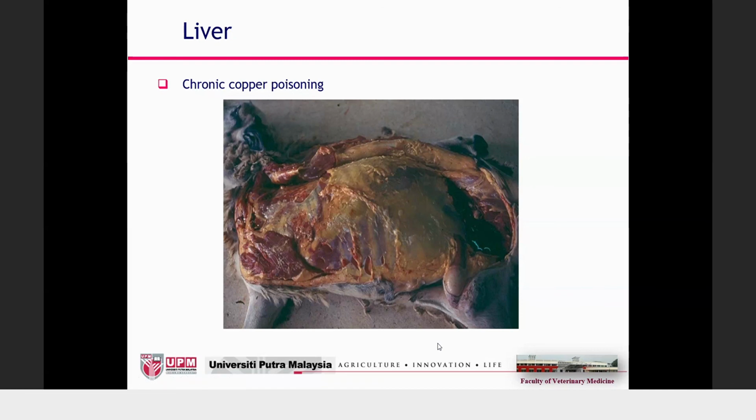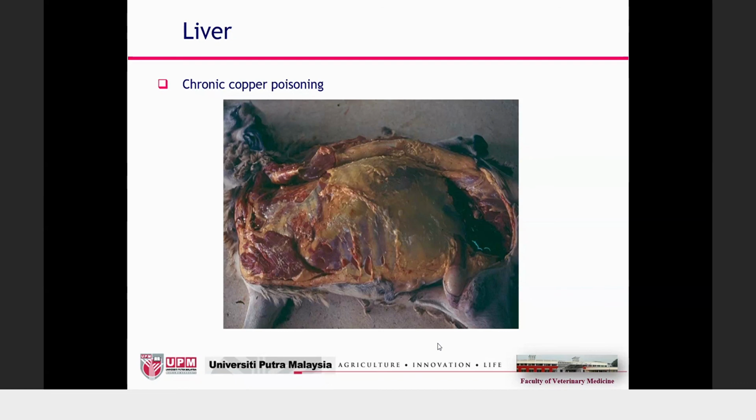But when there is an excessive escape of free copper into the blood circulation, there will also be lysis of RBC, leading to hemolytic crisis. Of course, the jaundice might be more severe.